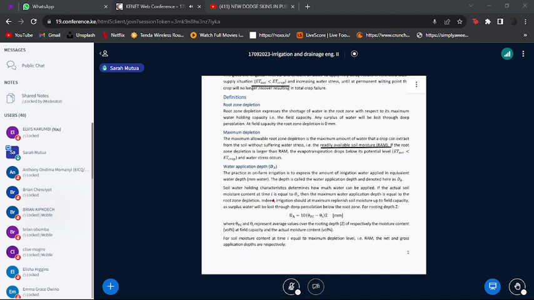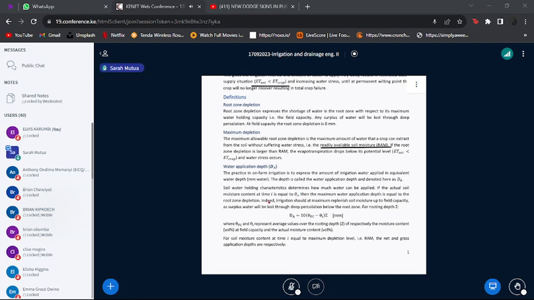And then each crop has a specific value P, that is the depletion factor. Oh, no, each crop. So every soil has specific water holding capacity.